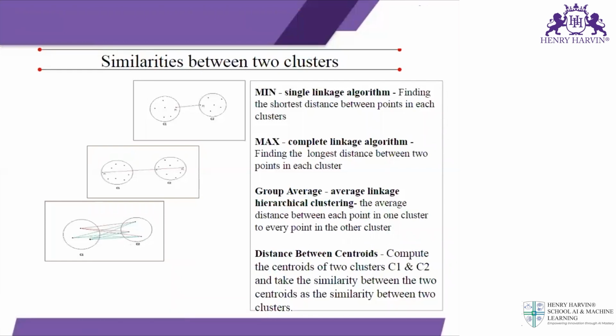Then there is one more similarity measure, which uses the distance between the centroids. Centroids will be computed for cluster 1 and cluster 2, and then the similarity between the two centroids will be checked, and that is how the clusters will be divided.